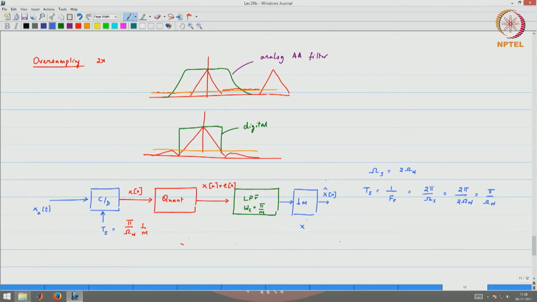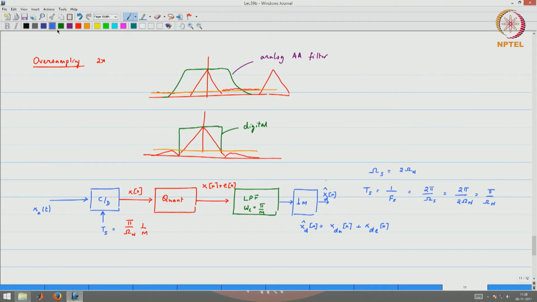Just for differentiating this quantized signal from the earlier type where we did not do any oversampling, I want to write it with the subscript d. That means it has come through a process of oversampling and down conversion, and x d of n can be related to x d a of n, that is the discrete time signal through this downsampling process, plus x d e of n, that is the error signal.